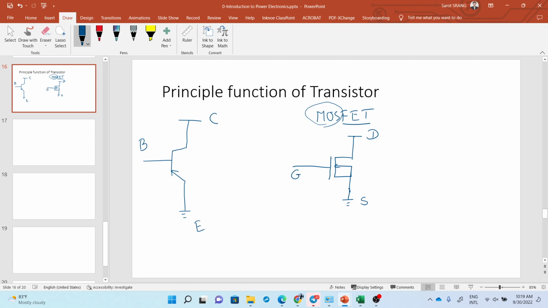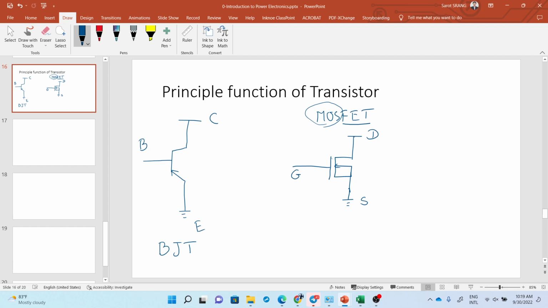So you can see the same three terminals for the bipolar junction transistor and for the MOSFET, or sometimes we just call it FET. Even from the schematics, you can see the difference. The difference is in the control terminal.